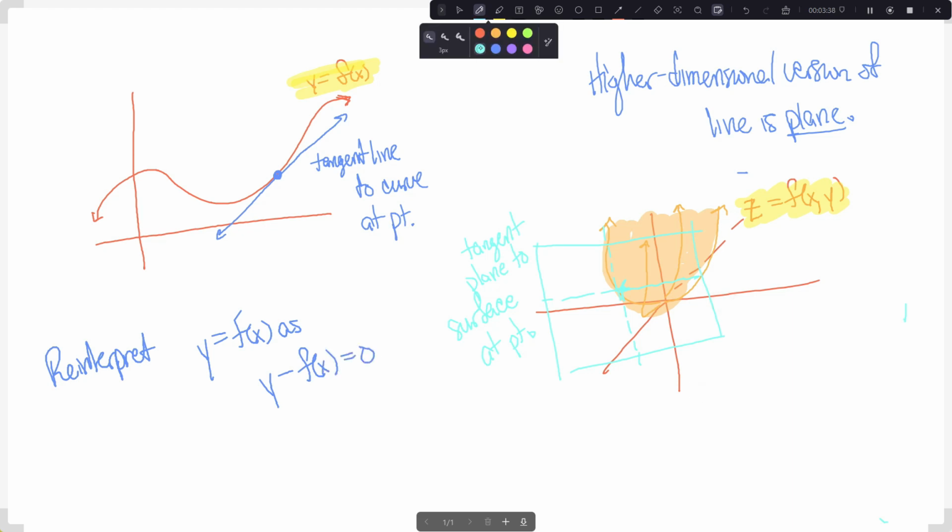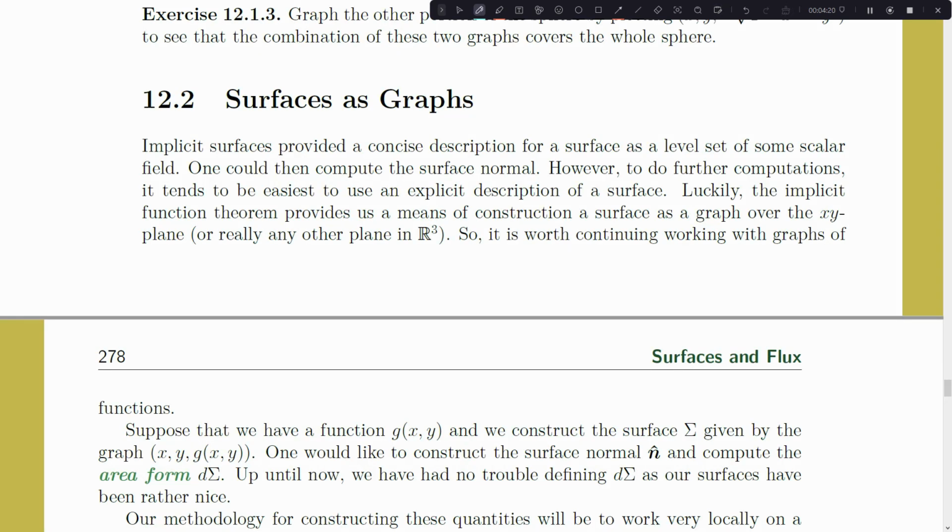We can reinterpret z equals f of x, y as z minus f of x, y equals 0, in the sense that now these interpretations are just like our last section where we interpret those as level surfaces of some higher dimensional function, and we're choosing the specific surface value of 0, right? And then the left-hand side in both cases is our higher dimensional function. So that's how the last section leads into this one a little bit. Let's leave the whiteboard.